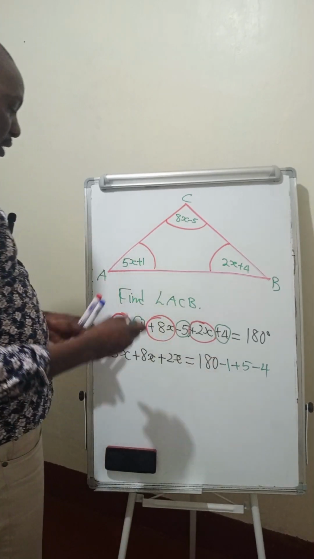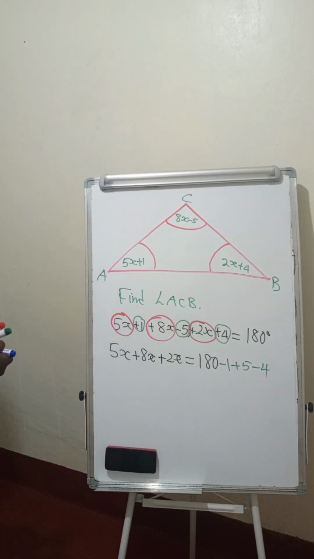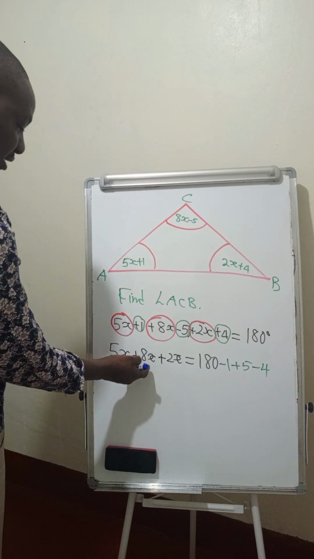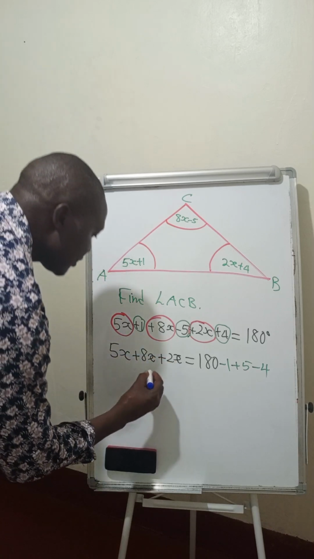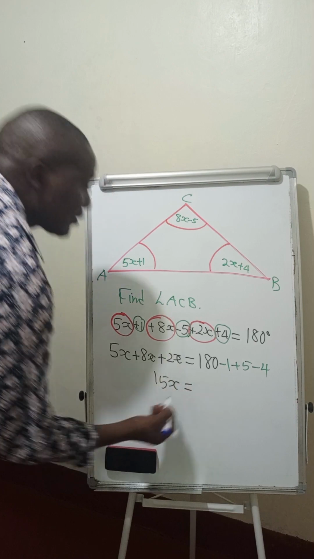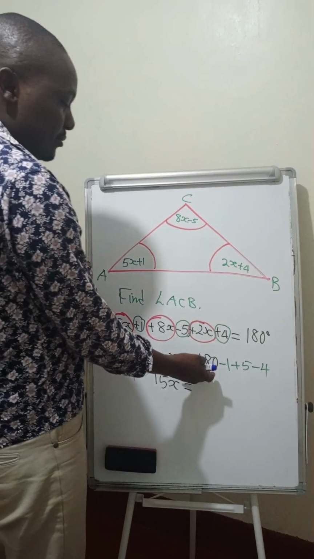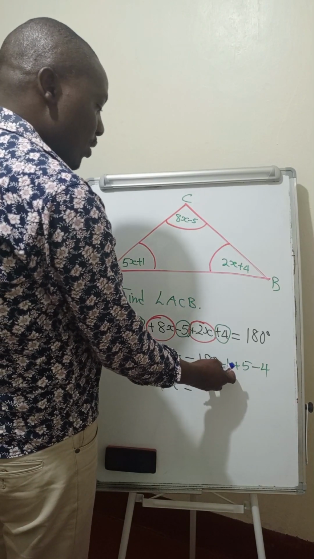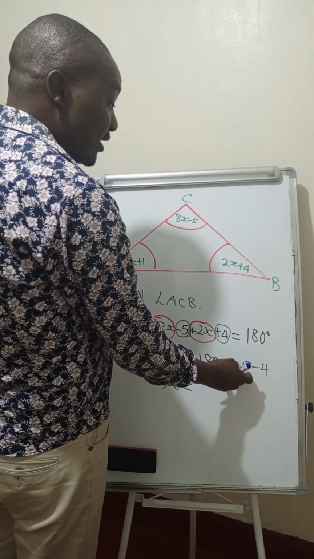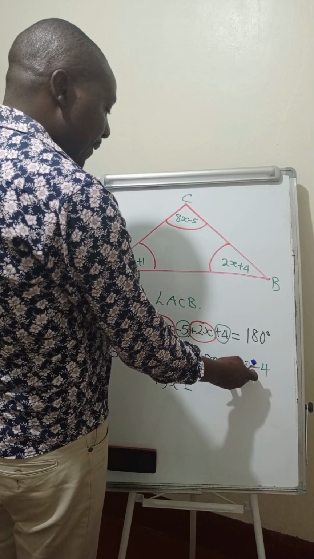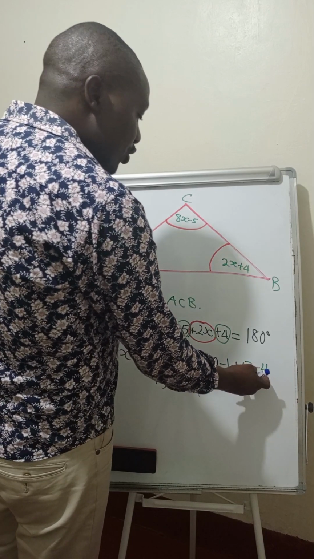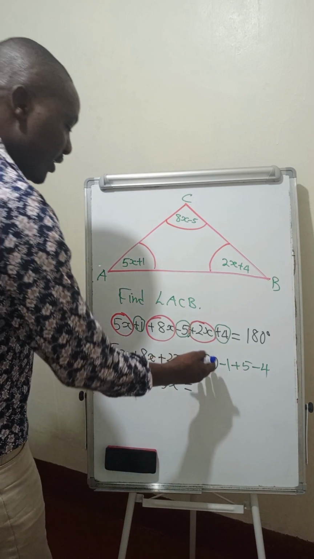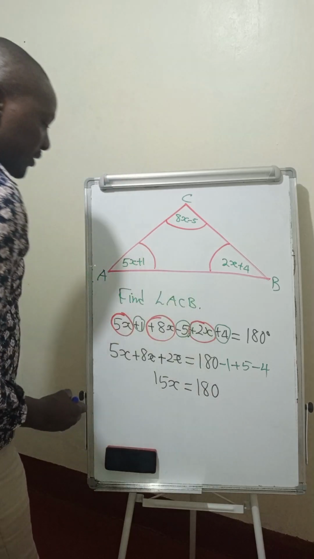Now continue with your working. 5x plus 8x, you get 13x. 13x plus 2x, you'll get 15x. 180 minus 1, you'll get 179. 179 plus 5, you get 184. 184 minus 4, you'll get 180. So you can see here we have 180 remaining.